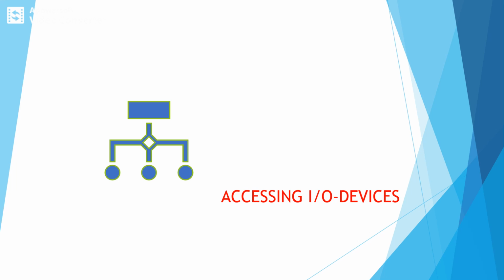The bus consists of three sets of lines: the first one is the address line, the second one is the data line, and the third one is the control line.